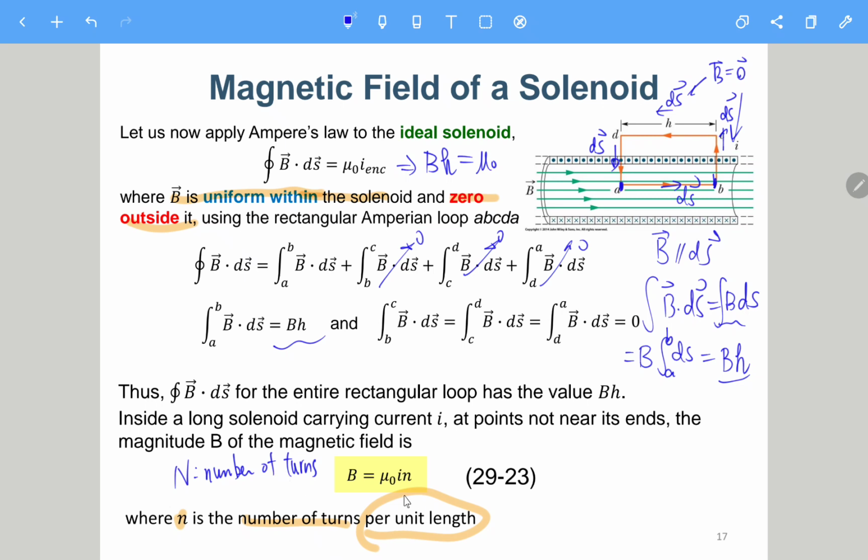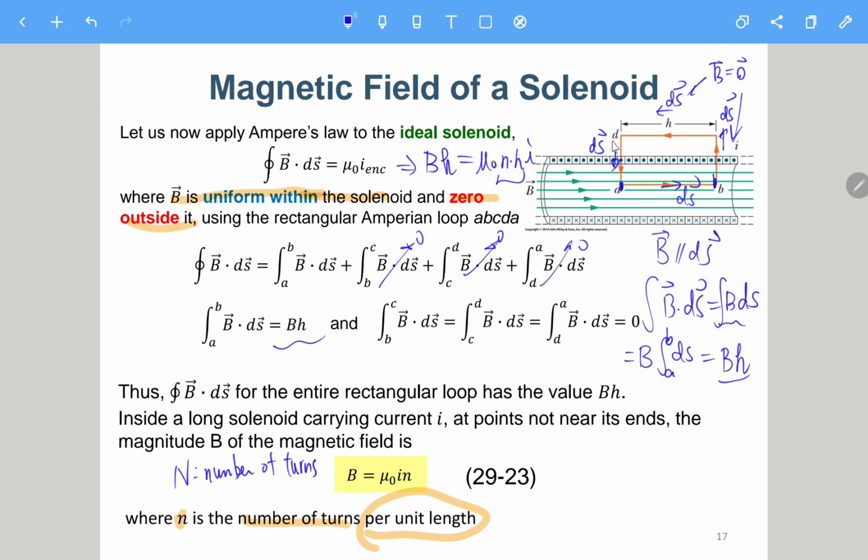So be careful. As much as we have the number of turns per unit length, and then we multiply it by h, it becomes the number of turns within this rectangle. So the number of turns here will be n times h, times I. This is the total current enclosed by this Ampere loop.